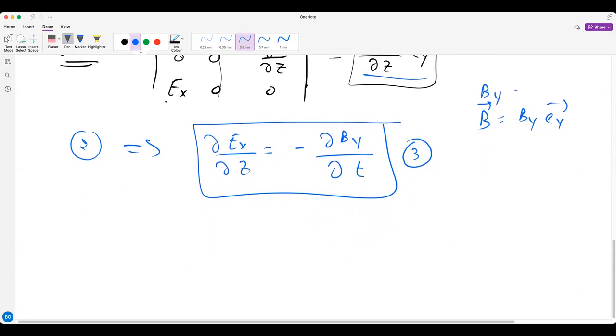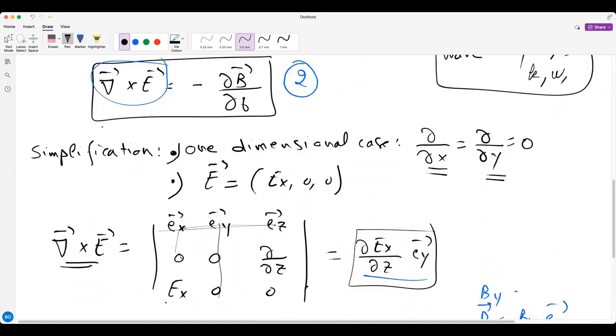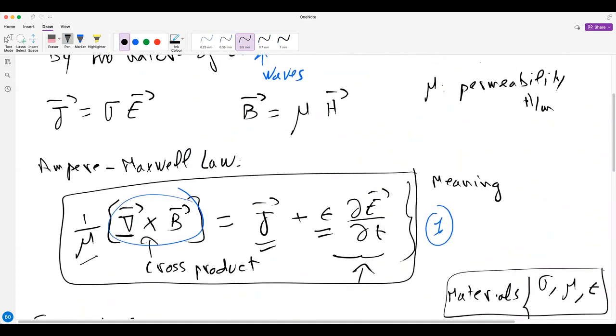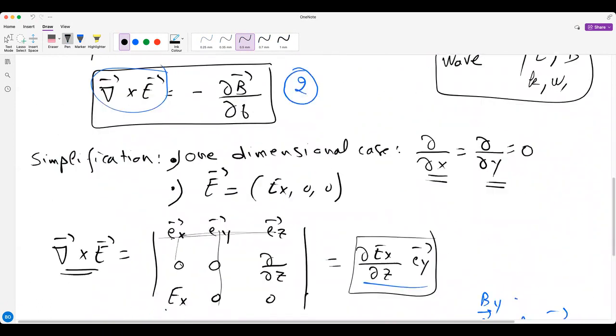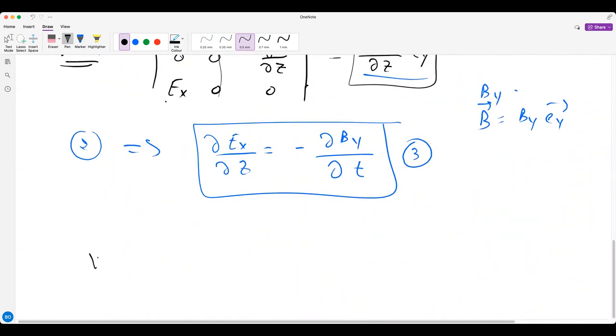Now I can also go and calculate nabla cross B, because I need it. Again, nabla cross B is equal to the determinant with ex, ey, ez.